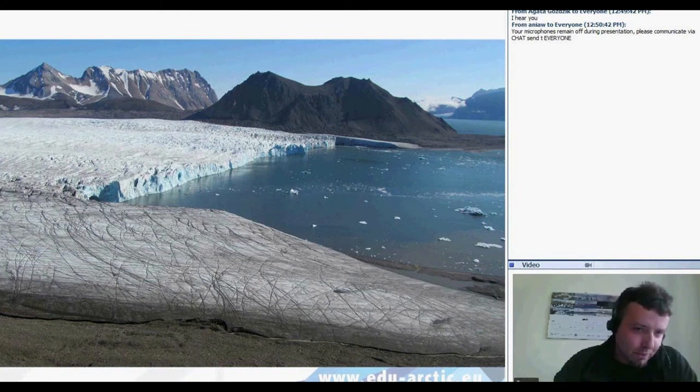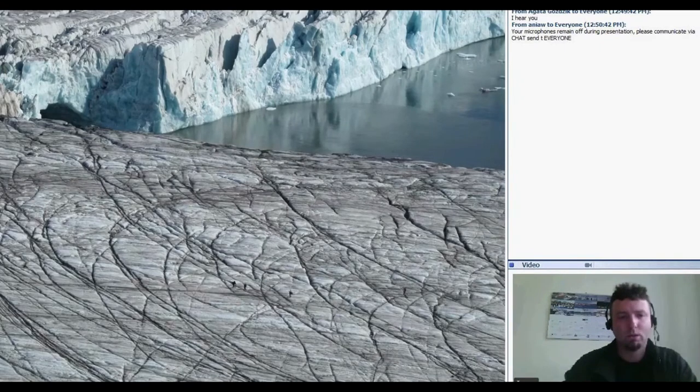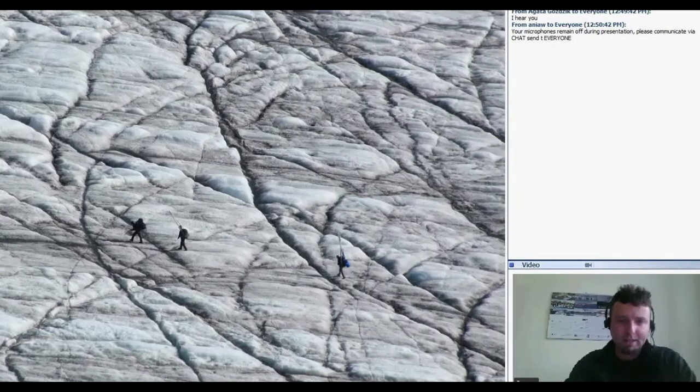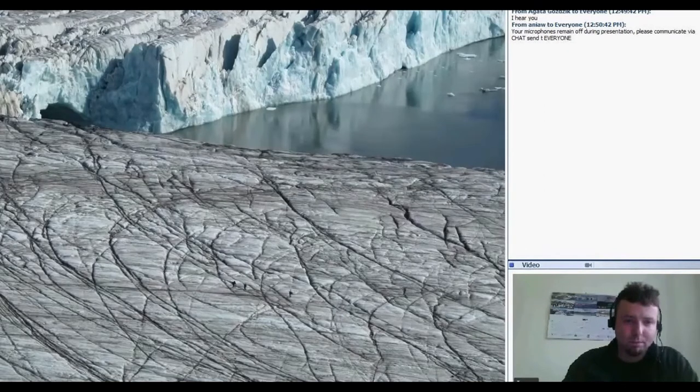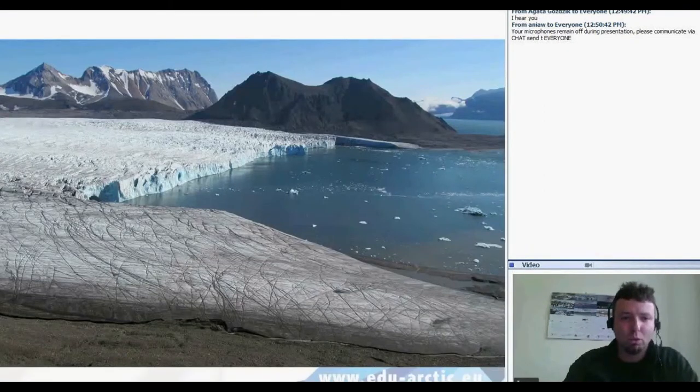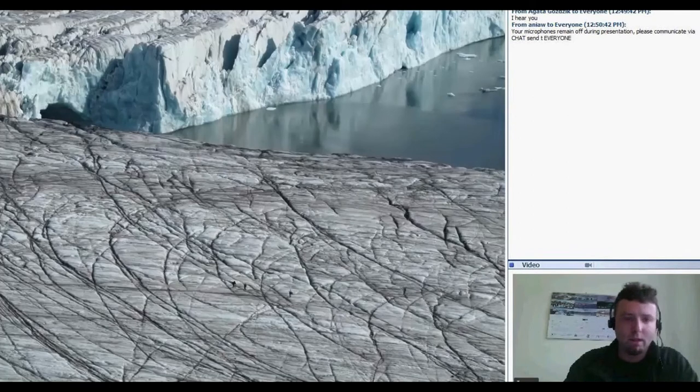So here you can see the front of Hansbreen, but there's something to give you the idea what's the scale of that. Here you can see in the middle glaciologists on their way to the glacier with the ablation stakes. So we can imagine what's the scale of these processes when these glaciers move back. It can be kilometers.